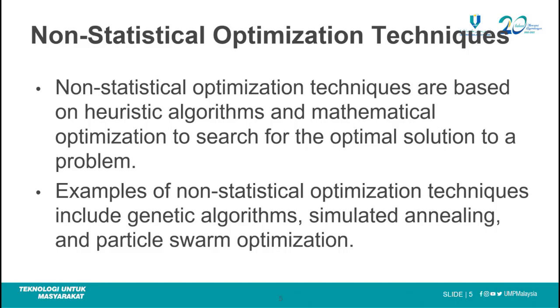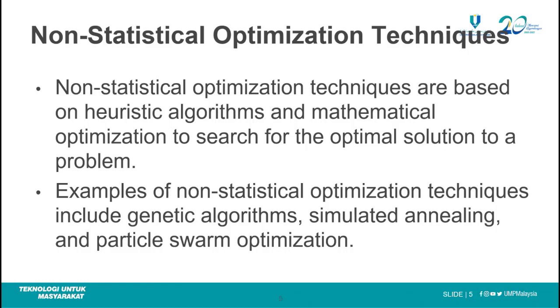As I mentioned earlier, if we read through the literature, there are different kinds of categorization of optimization techniques that have been established. Some of it divides the optimization techniques under exact and stochastic approaches and so on.